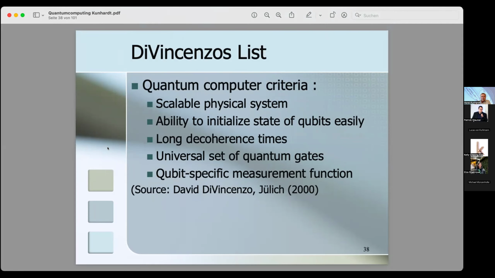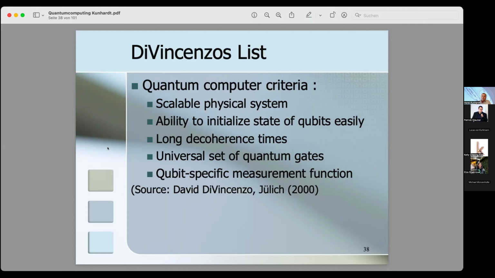A quantum computer must be scalable, very important. It should have the ability to initialize a state of qubits easily. What is easily has to be defined. It must have long decoherence times. That means that we have a long time to measure the results of a quantum calculation, a quantum algorithm.